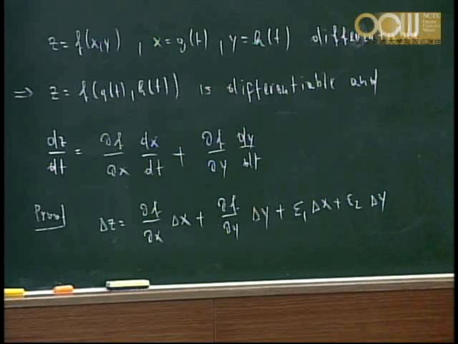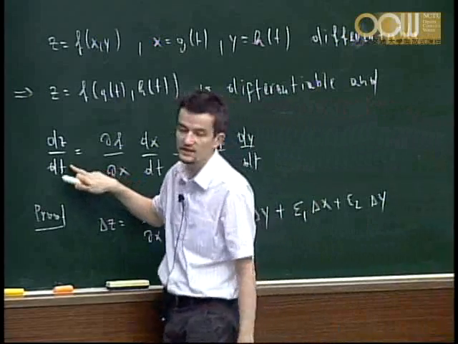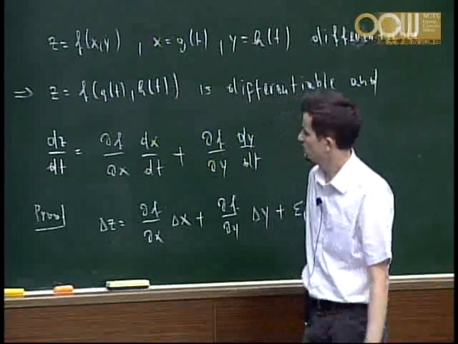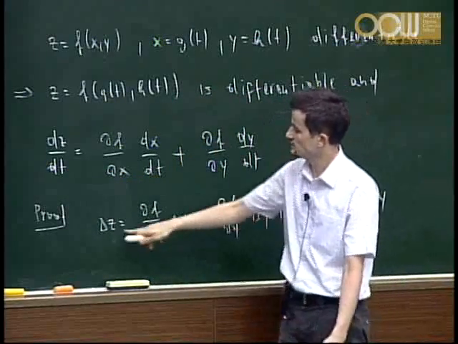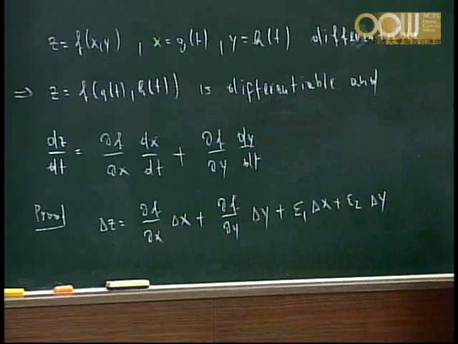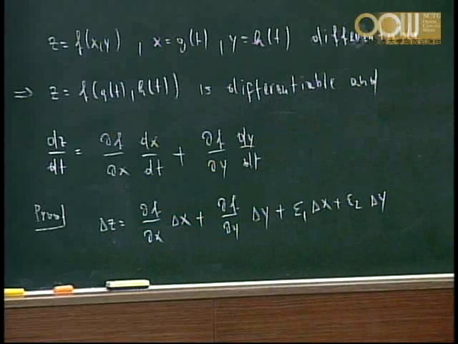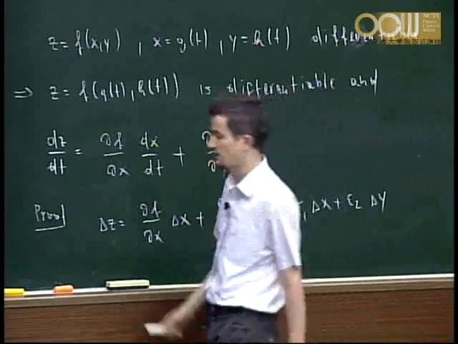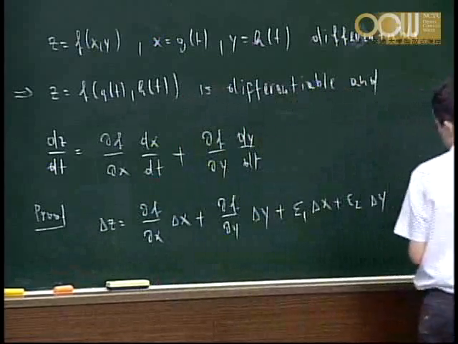Now, by definition, we look at the fraction delta z over delta t, and let t tend to 0. So what we do is we divide everything by delta t.